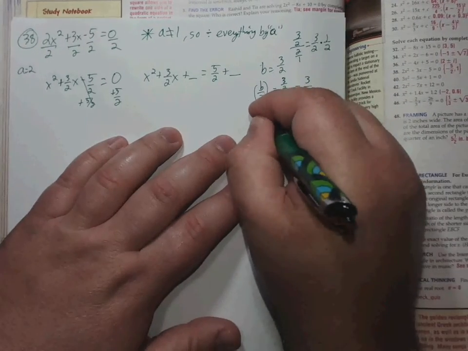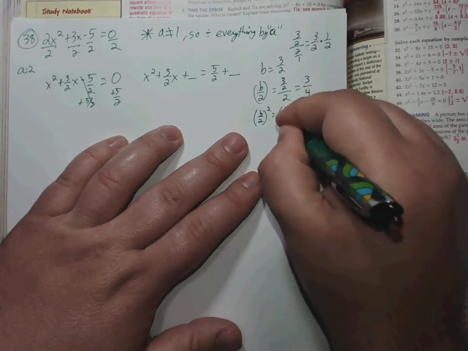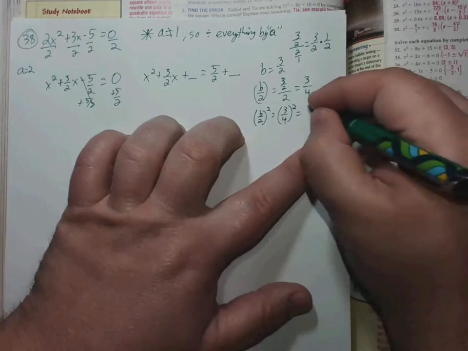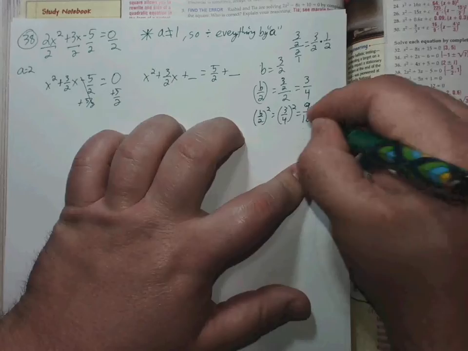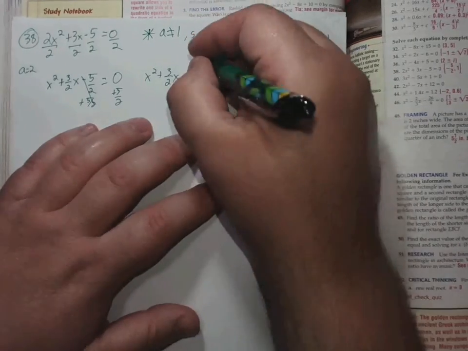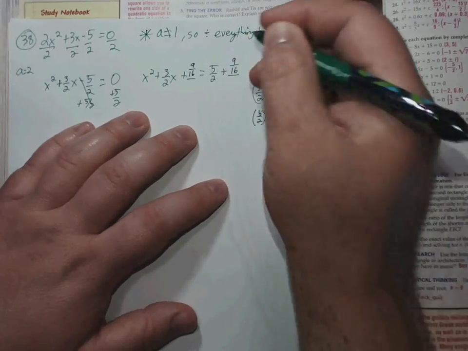Okay, and then we do the b over 2 squared. So you have 3 over 4 squared. You square the top and you square the bottom. 9 over 16. That's what goes in the blanks. Yes, this is getting messy, but it's what you have to do.